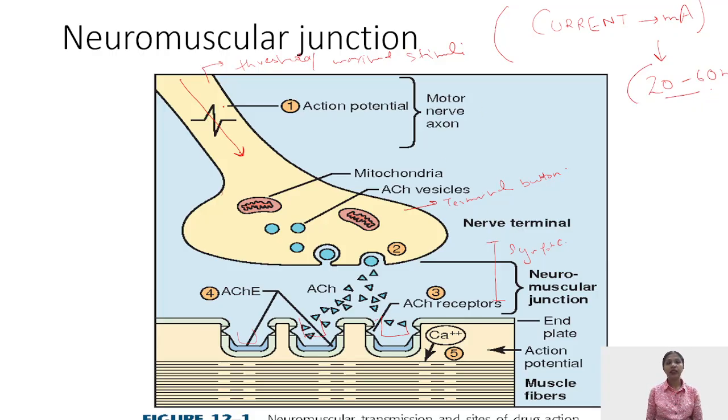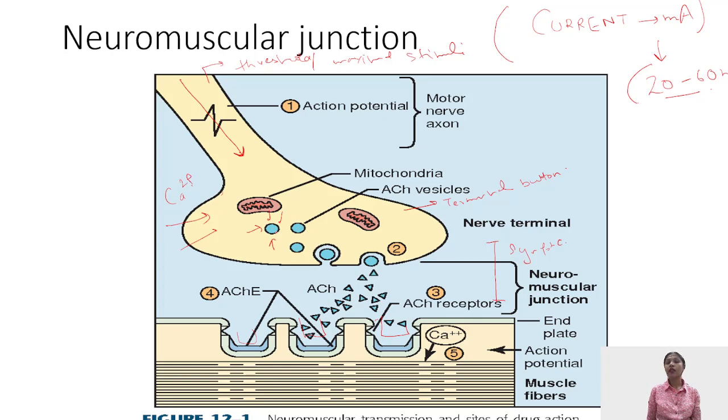So whenever this threshold of stimuli, which is needed so that the action impulse can be propagated through the motor nerve, is reached, it eventually leads to the entry of calcium in the terminal button, which leads to the joining of these vesicles.